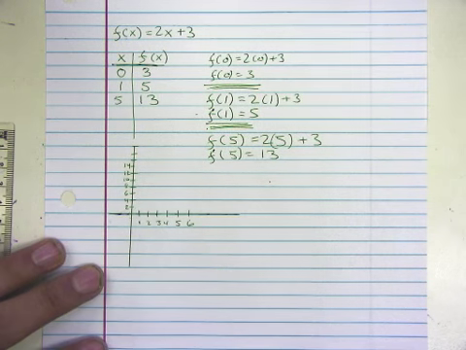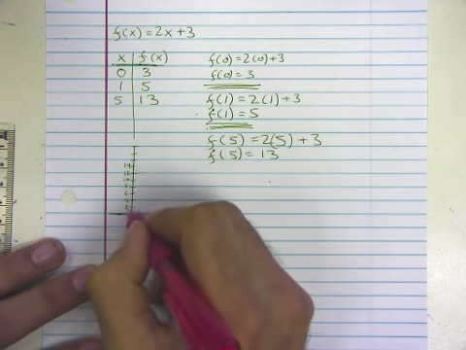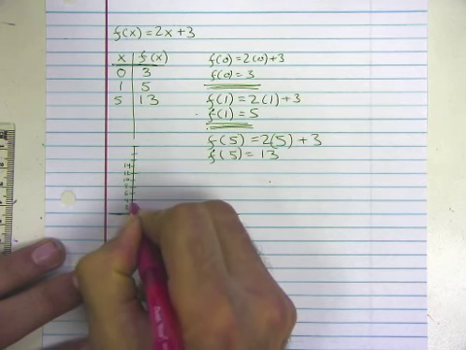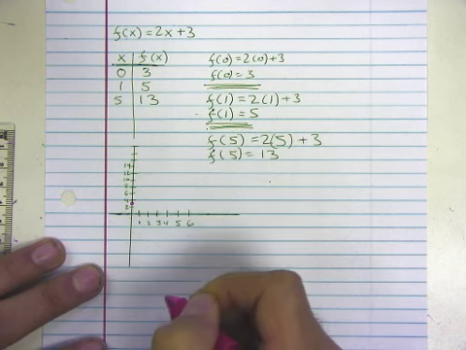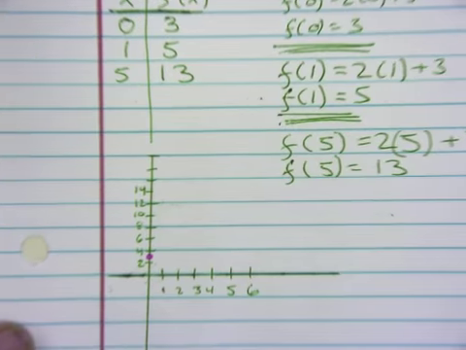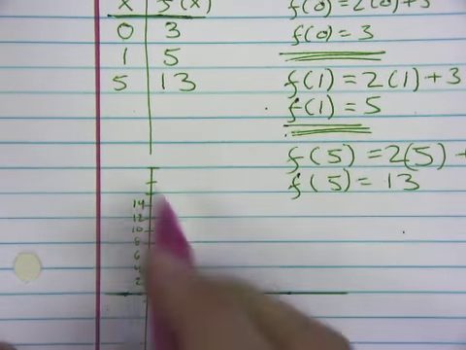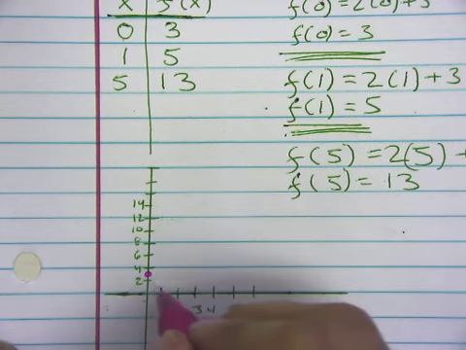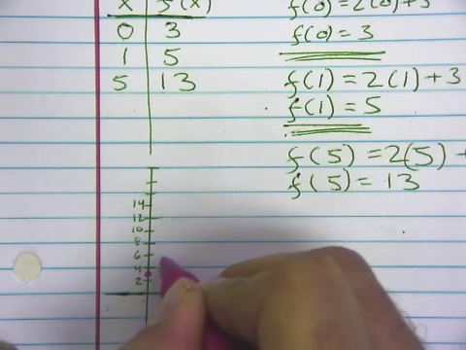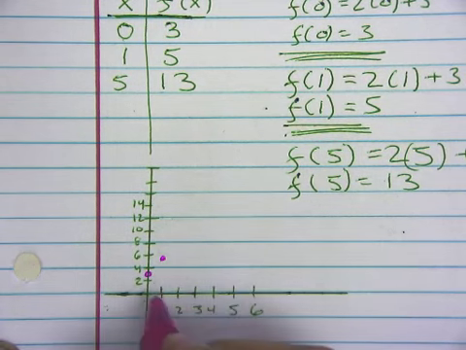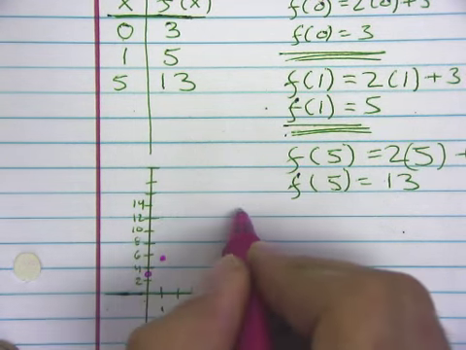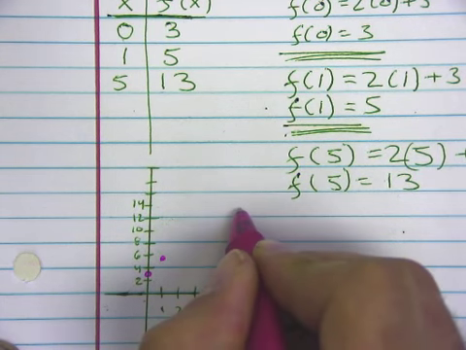When we input 0, our output is 3, which we would have right there between 2 and 4. When our input is 1, our output is 5, which would be in between 4 and 6. And when our input is 5, our output was 13, which would be in between 14 and 12.